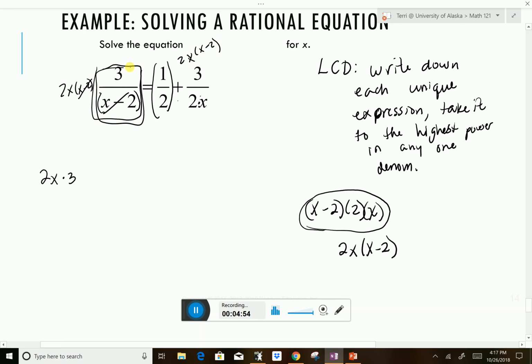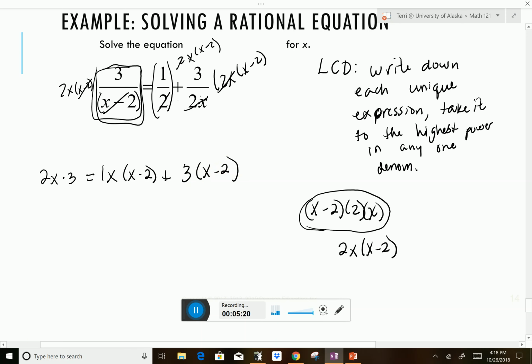This is one term because of the understood parentheses. So here I have 1x times x minus 2. Now I've got to do it to this one, 2x times x minus 2. The whole 2x goes, and I'm left with 3 times x minus 2.